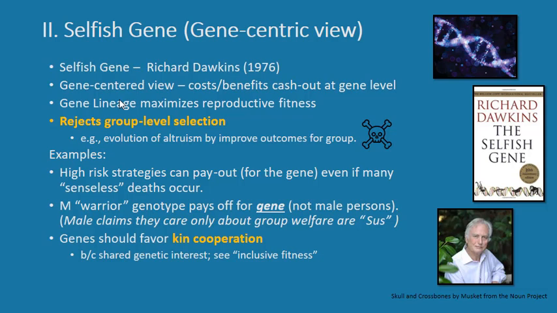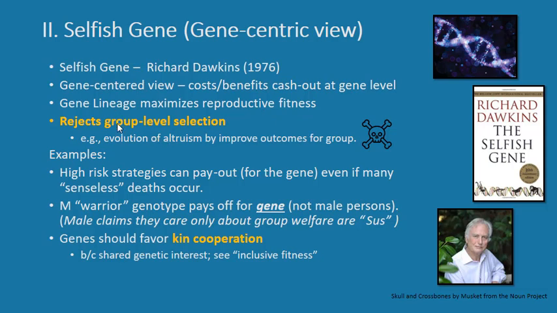He's arguing that we really need to understand the way evolution works in terms of a gene-centered view. So the costs and benefits of different kinds of traits cash out at the gene level. The way you think about it is that the gene lineage is trying to maximize its reproductive fitness. And it's almost a coincidence that we have bodies that the gene organizes, because the bodies are really, from the gene's perspective, just a way of replicating the gene.